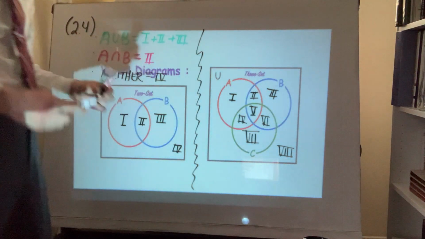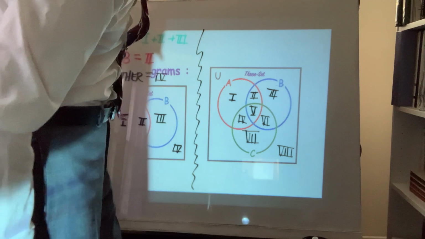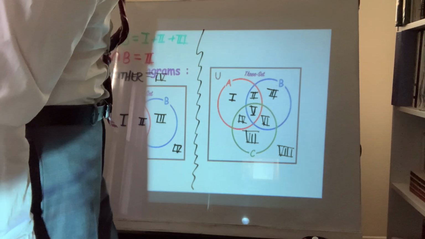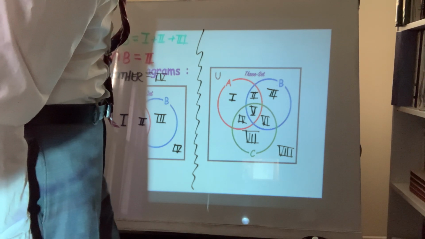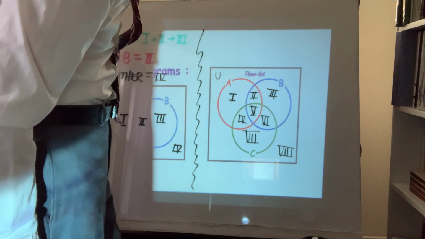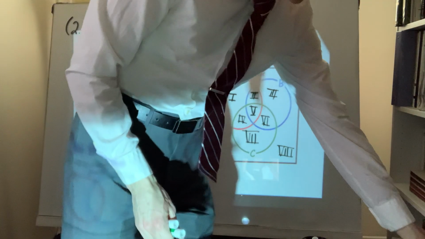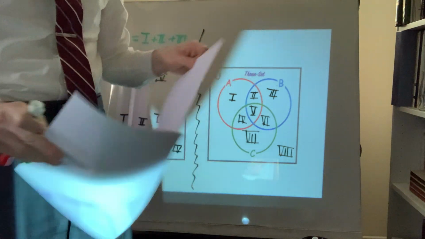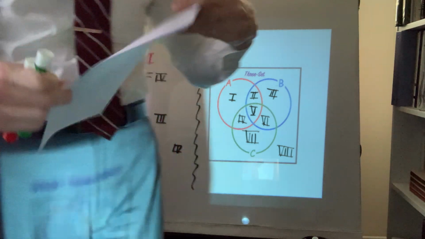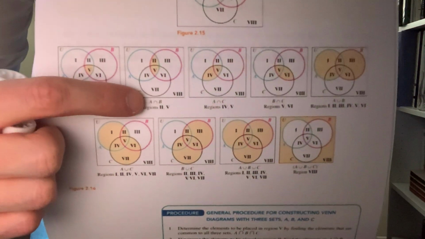All right, so that is that. Now, I'm giving you maybe too much information, but you could see, as I mentioned on this sheet, and that's why it's still useful, what the particular shaded regions would equate to in terms of the symbolic logic here.